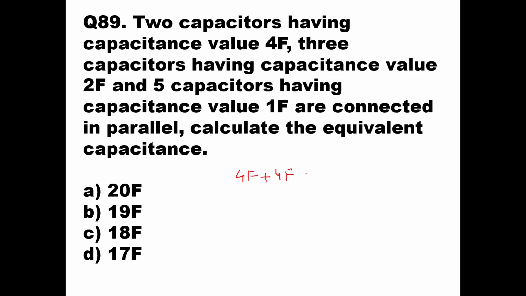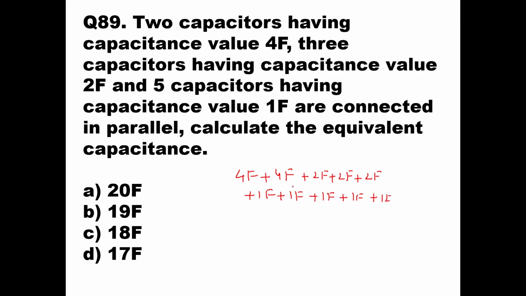Three capacitors having capacitance values as 2F, so plus 2F plus 2F plus 2F. And five capacitors having capacitance values of 1F, so plus 1F plus 1F plus 1F plus 1F plus 1F.